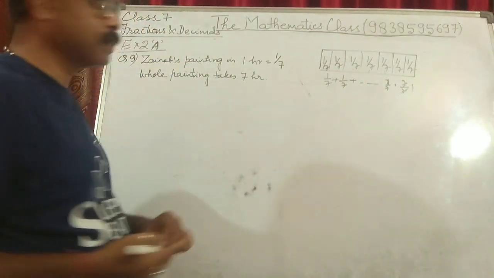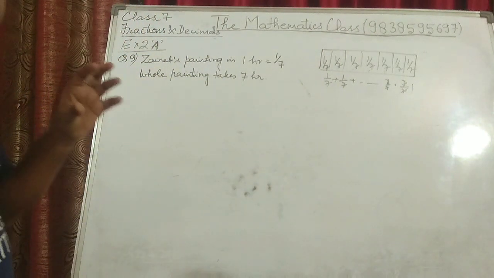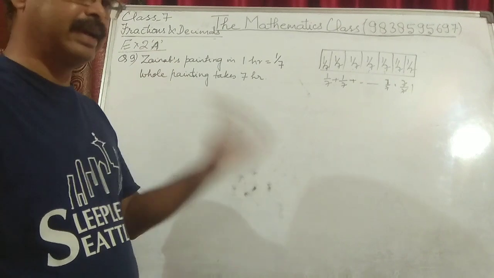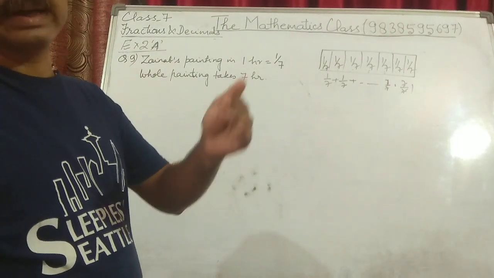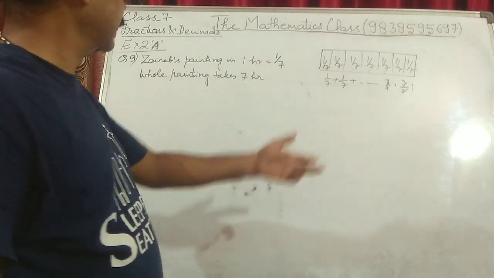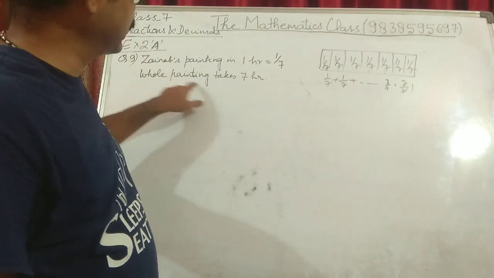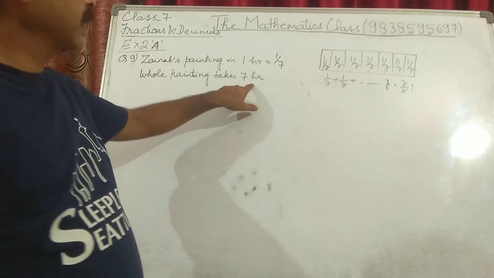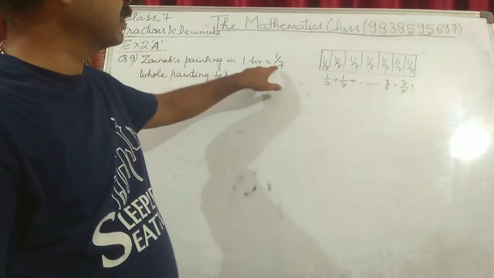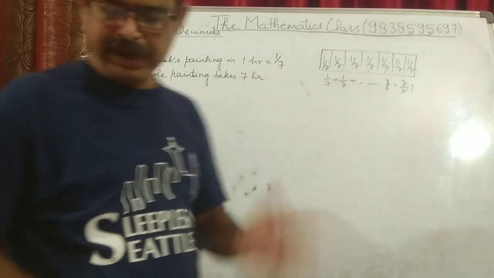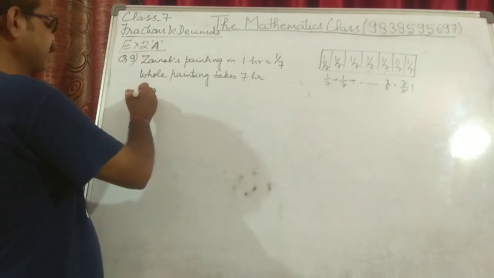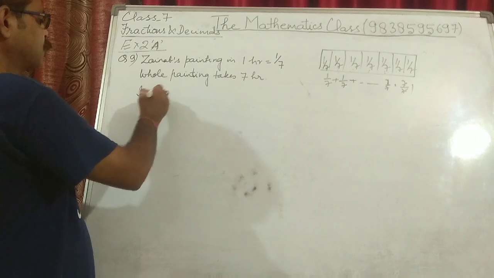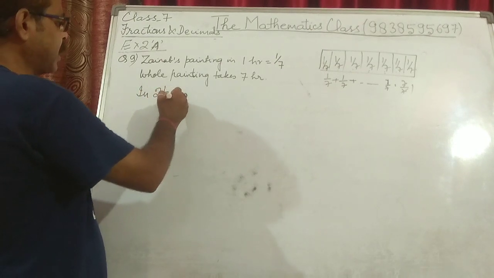So the basic thing you remember: if a person is doing a work in 10 days, then in 1 day he will be doing 1/10th of the work. So according to that concept, if Zainab completes the painting in 7 hours, in 1 hour she will complete 1/7 of the painting. Now in the second part they ask how much she will complete in 2.5 hours.